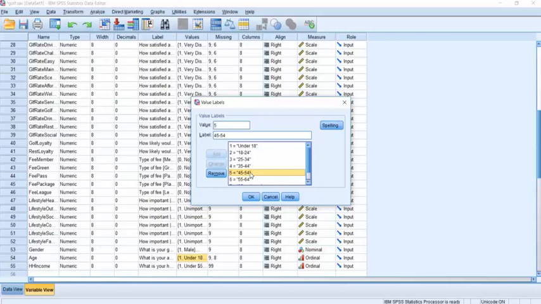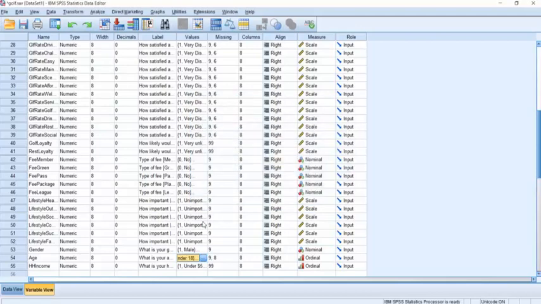It's going to take everything less than 5, so 1, 2, 3, and 4, so 44 years old or less, compared to a group of 5, 6, and 7, which is 45 years old or more. So there's my two groups, 44 and less than 44 years old, and 45 and older than 45. Whatever number you choose as your cut point will go with the higher group.